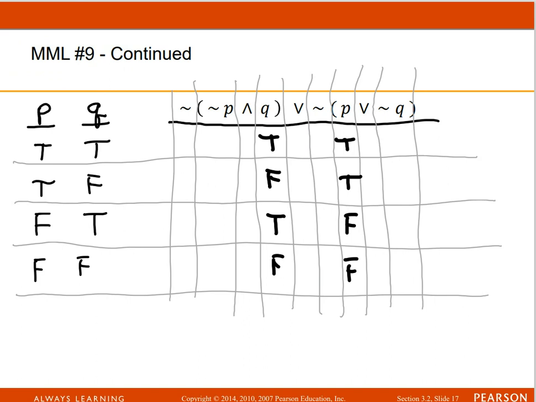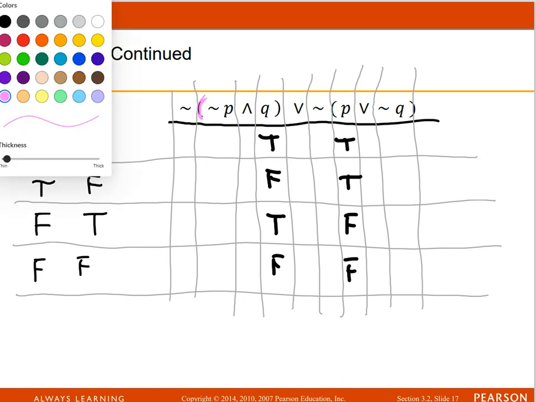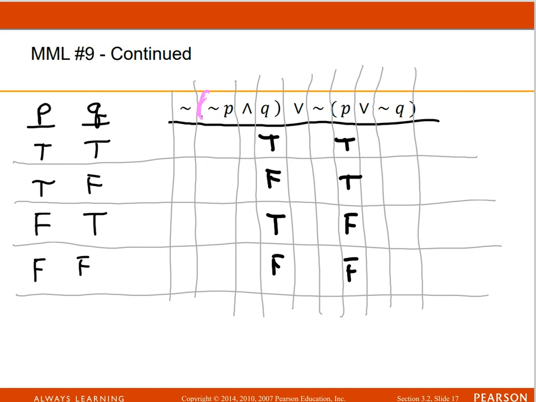All right, now, step one. Okay, there are two sets of parentheses. So I'm going to start inside the first set, which is right here. Right? And inside that set, you've got a negation and an and. You will always do the negation first. So this is technically my first calculation.